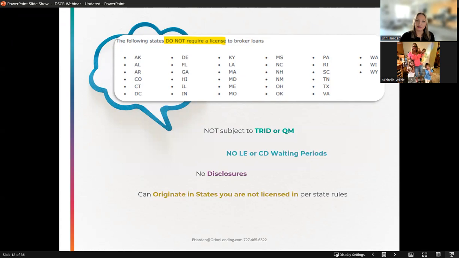Orion is nationwide, so we're everywhere, but you personally do not have to have an LO license in the states that are on your screen in order to close a DSCR loan. And like I said, we are going by the state rules, and those are the states that allow this because they're business purpose loans. Also, these loans do not report on the borrower's personal credit, regardless if they're closing in their own name individually or an LLC.